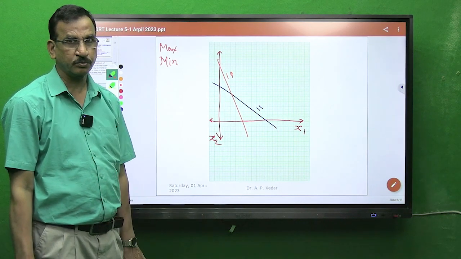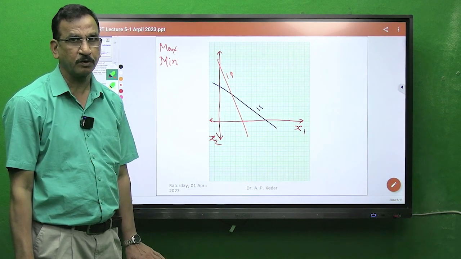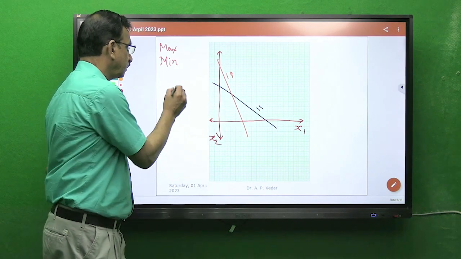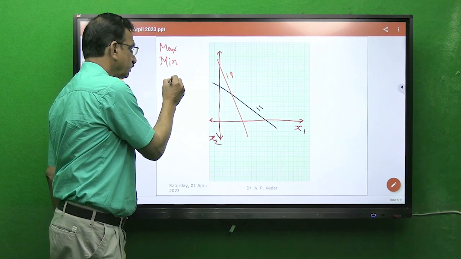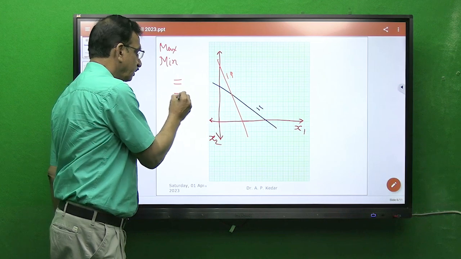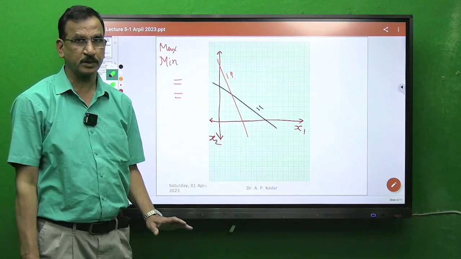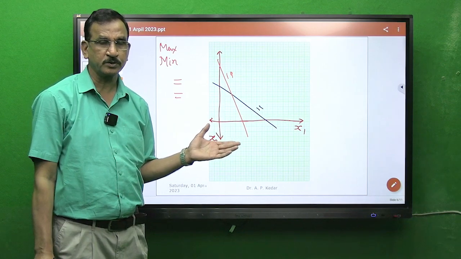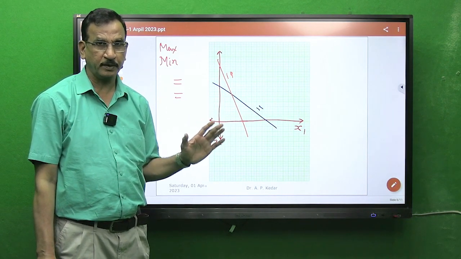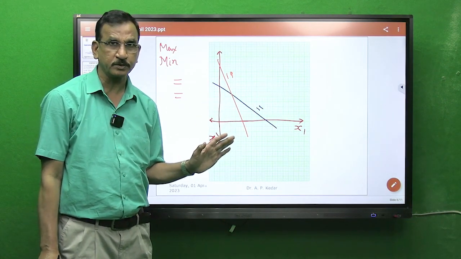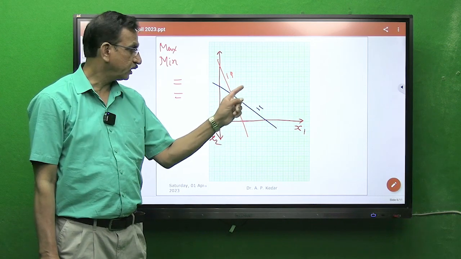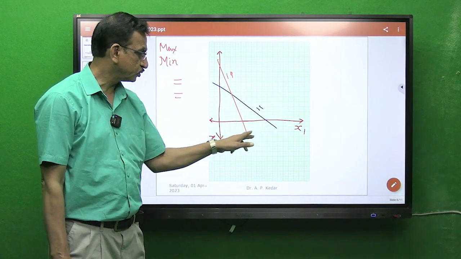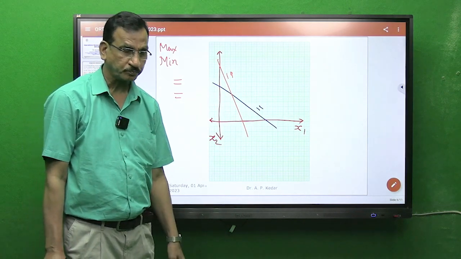What I am trying to explain now is, suppose we come across constraints with equal to sign, both constraints equal to sign. So definitely we can find the points. After finding coordinates, we will plot the points. And see here, I have not shown any arrow.